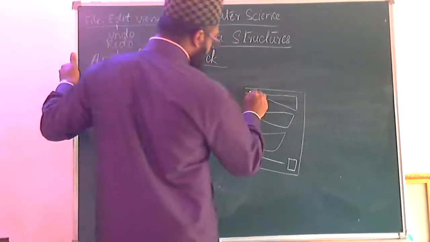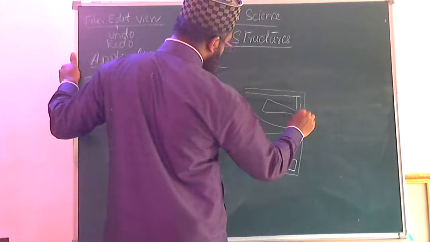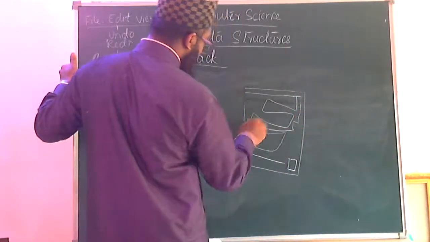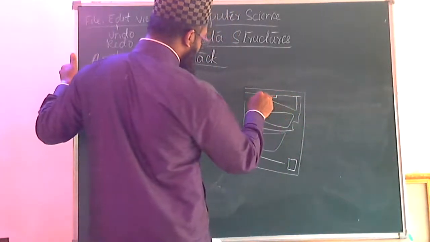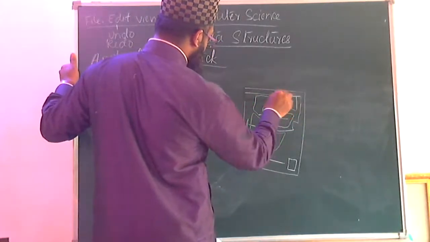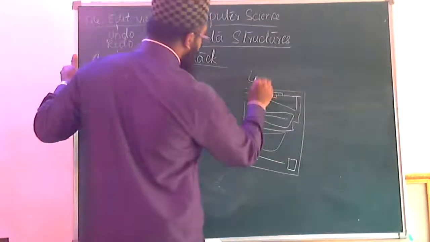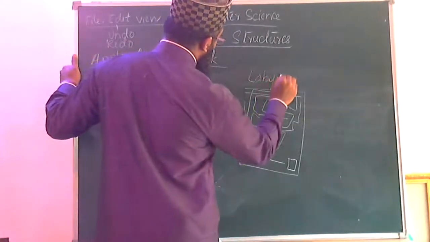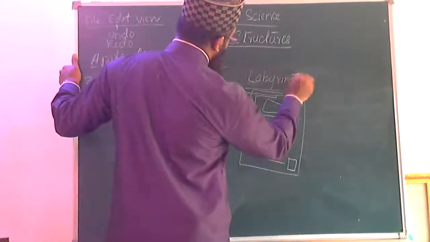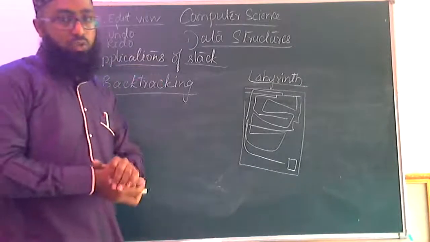Or if you move the same way, one more route is there which will be cut at some places. Like this it will break down. This is called a labyrinth. In backtracking, stack is used.